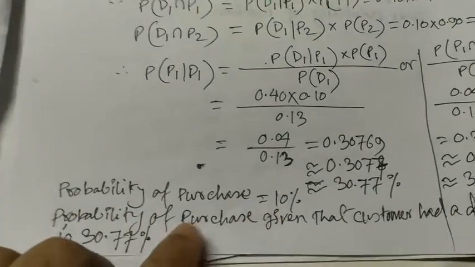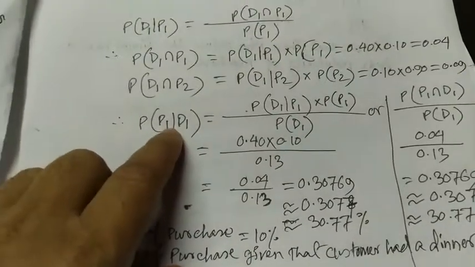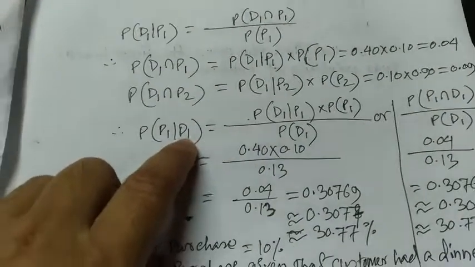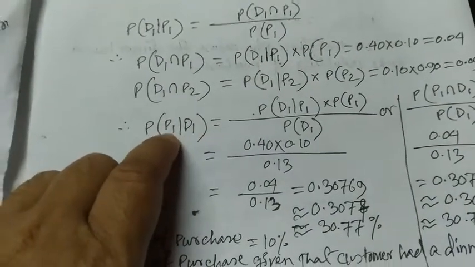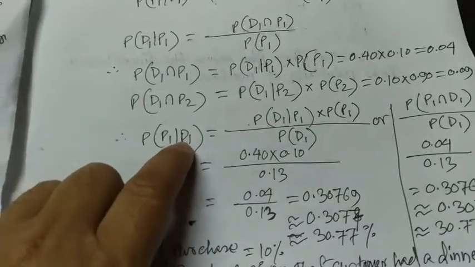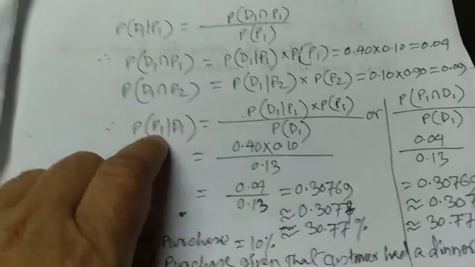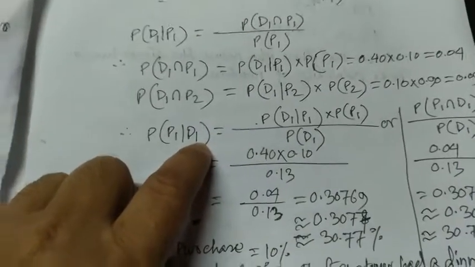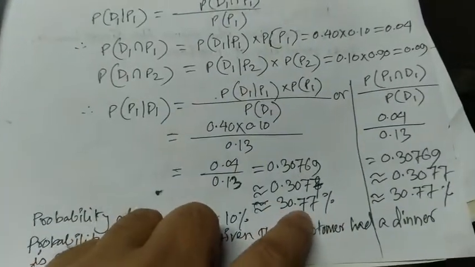But after the dinner offer, the probability of purchase, P1, given that the customer had dinner, D1, with the salesperson is 30.77%.